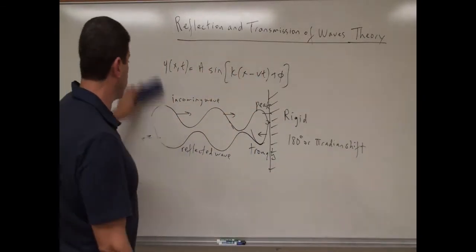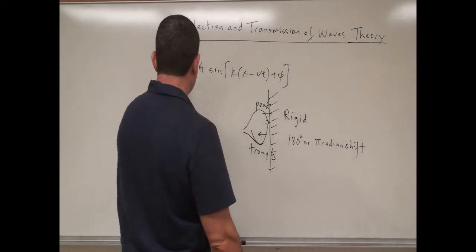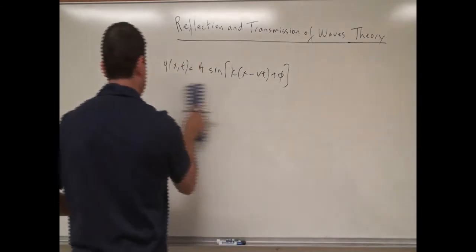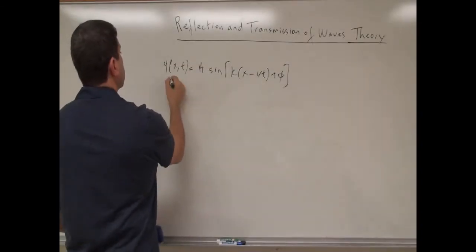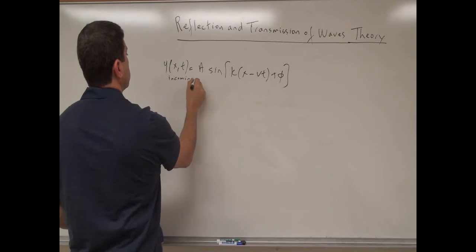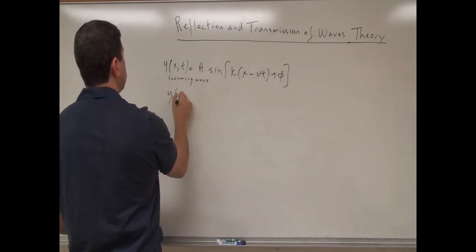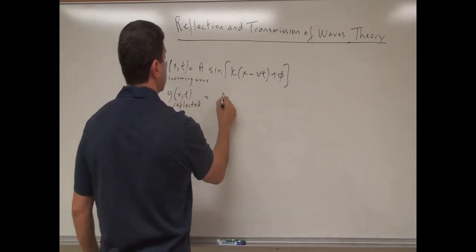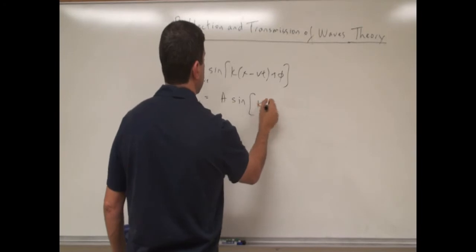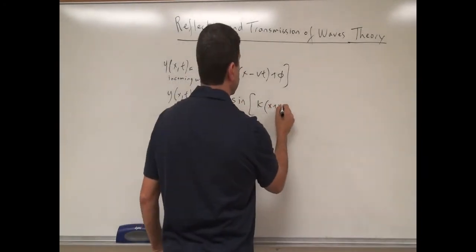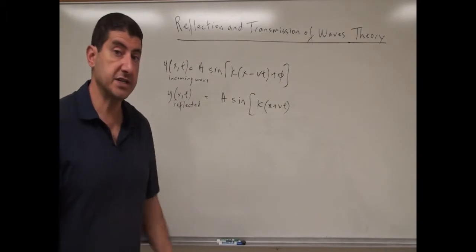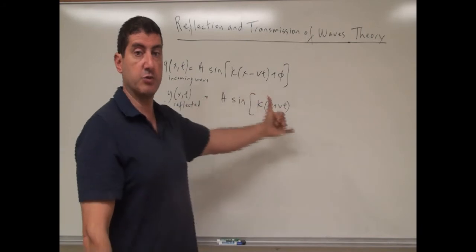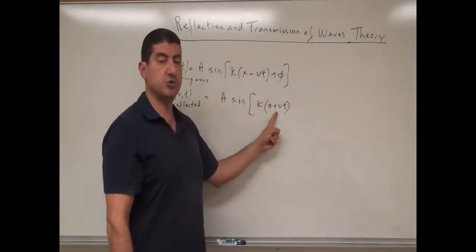Well, if the incoming wave is like this, then the reflected wave is going to look like this, a sine of k. So then we're going to have to say x plus vt, right? Why? Because it's moving to the left. Remember, a wave that is moving to the right, this is a minus. If the wave is moving to the left, then this turns into a plus.